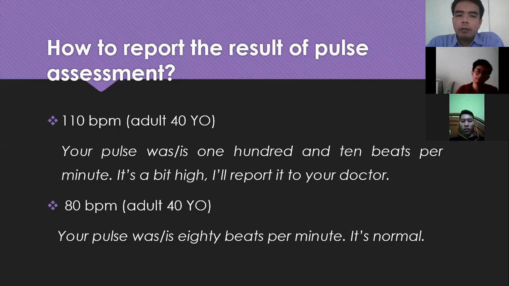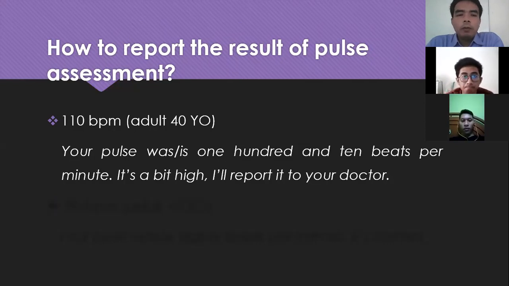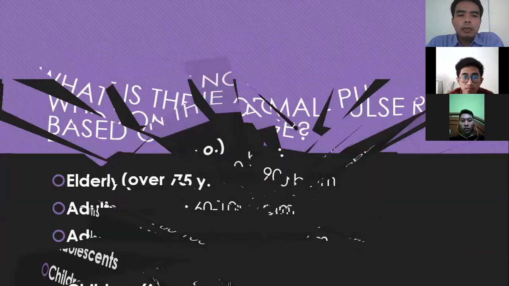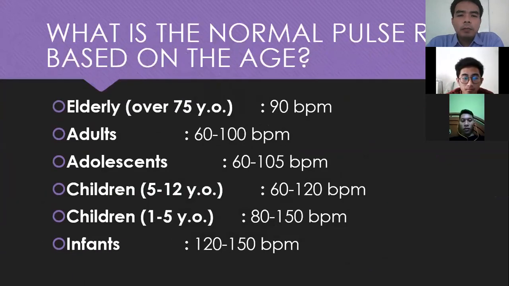For 40 years old, 80 beats per minute is normal. So you have to memorize the previous slide. We have age categories: elderly, adults, adolescent, children, and infants.